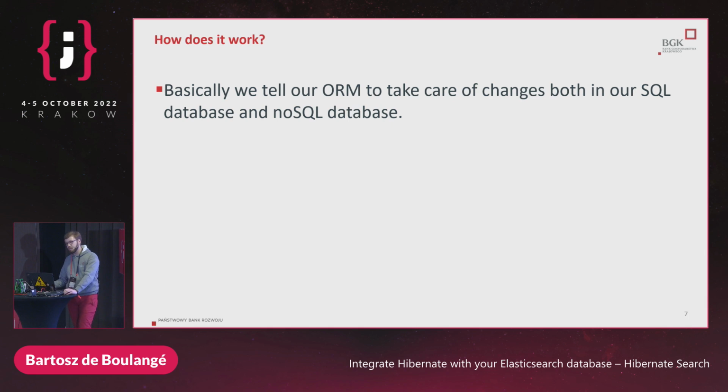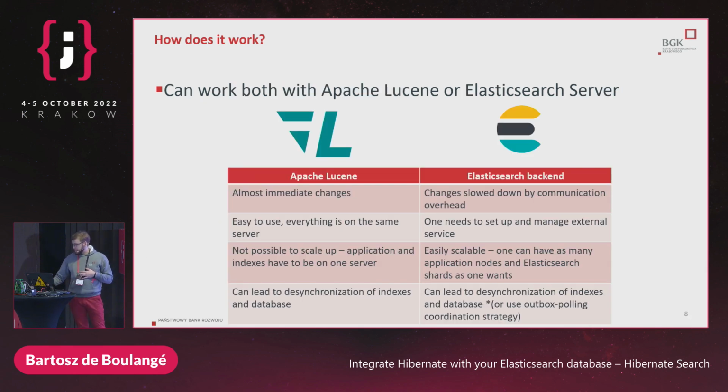So basically, we tell our ORM to take care of changes both in our SQL database and NoSQL database, and therefore we can have benefits from both of these solutions. We can work with two tools, which are Apache Lucene and the Elasticsearch backend. Pretty much that's Apache Lucene under the hood, but you can use both approaches.